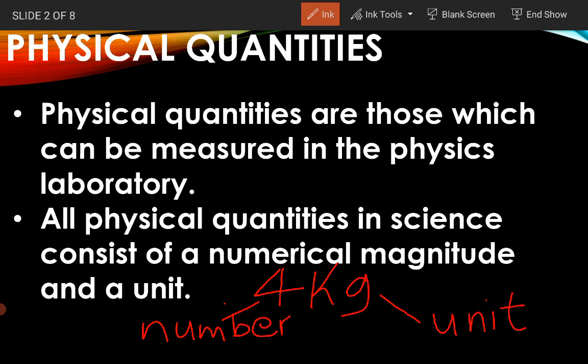Instead of writing 4 kg, you write 4 only. That one, the 4, will not make any sense. So in order to fully represent a quantity, it must have a number and a unit. An example of a number is the 4, and the unit is the kg.